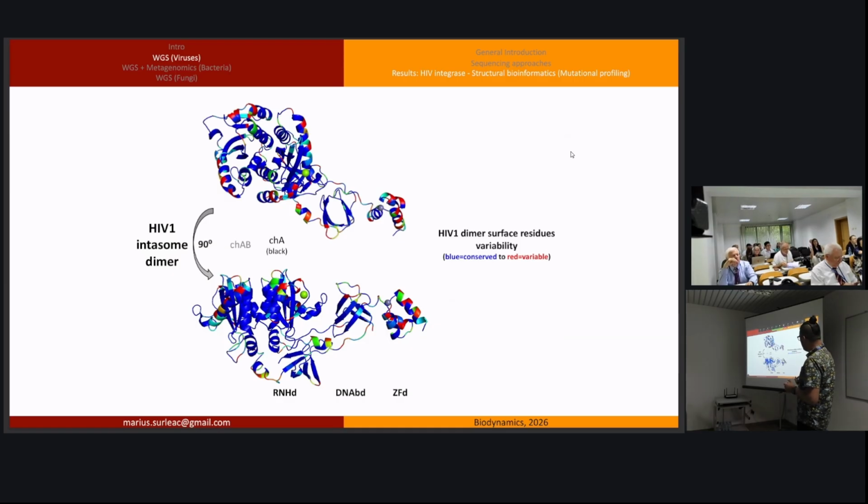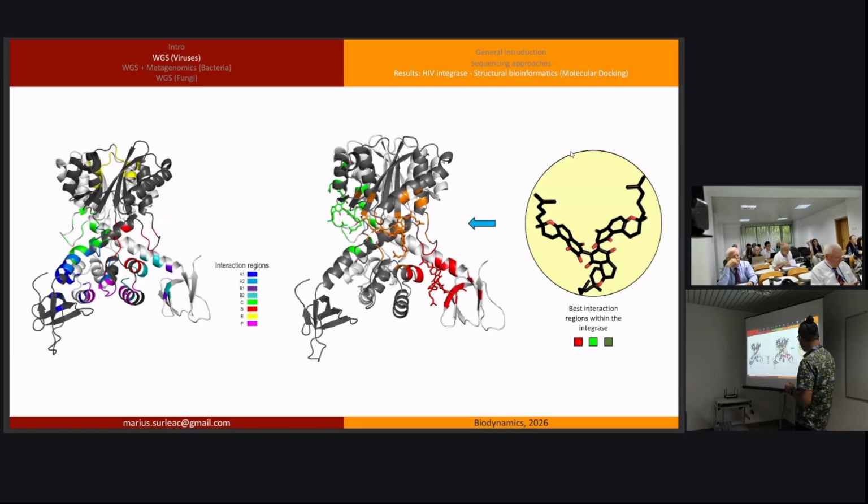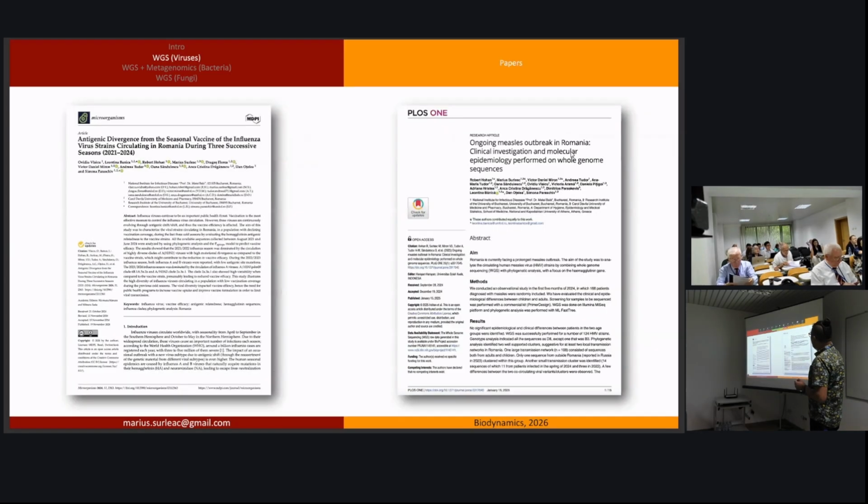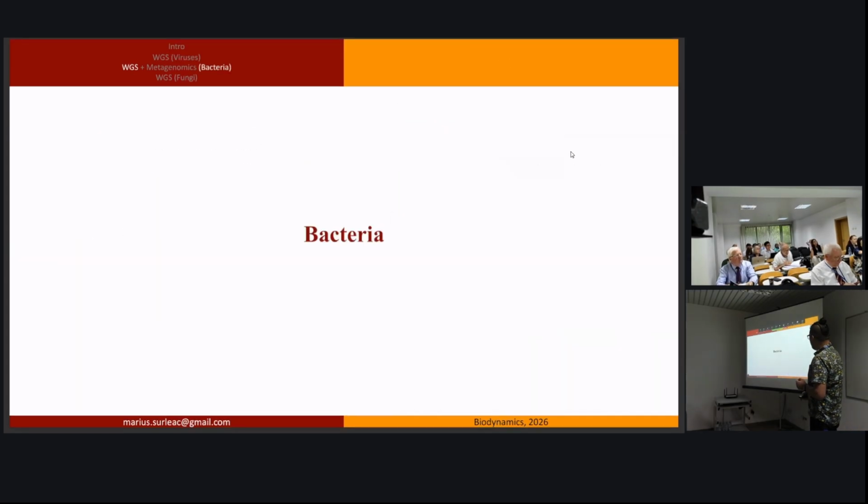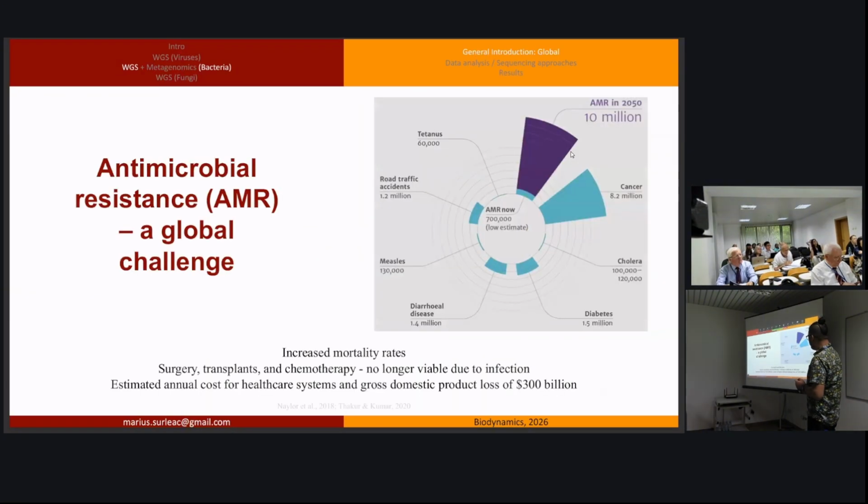So you can see that here it's really conserved, but we also have some mutations in the nearby region. So this is important, and it is important to look at the binding sites and design new drugs for the infections. We have some papers for that. So I will get next to bacteria.